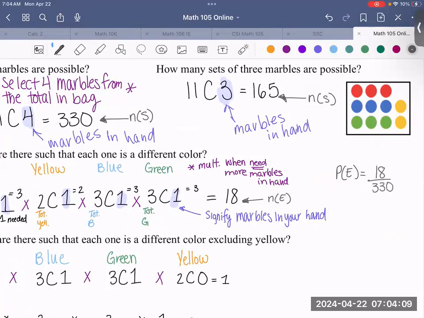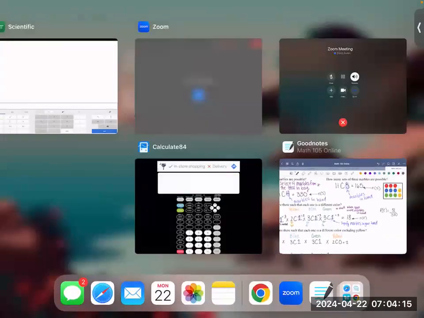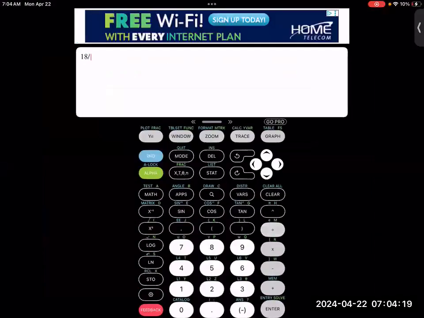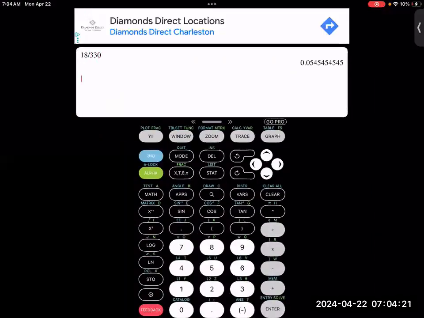Now, for those of us using a graphing calculator, a TI-83 or 84, when you do 18 divided by 330 and hit enter, WebAssign does not want the decimal, and it's also counting it as incorrect, or maybe it says to give a reduced fraction.